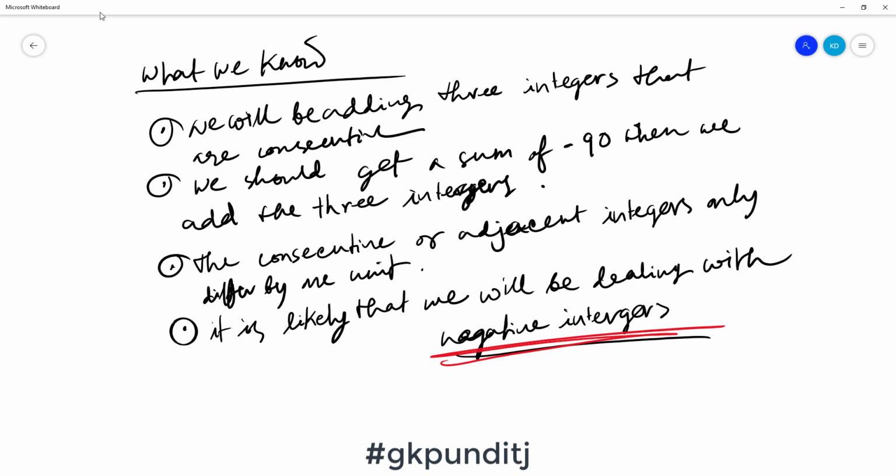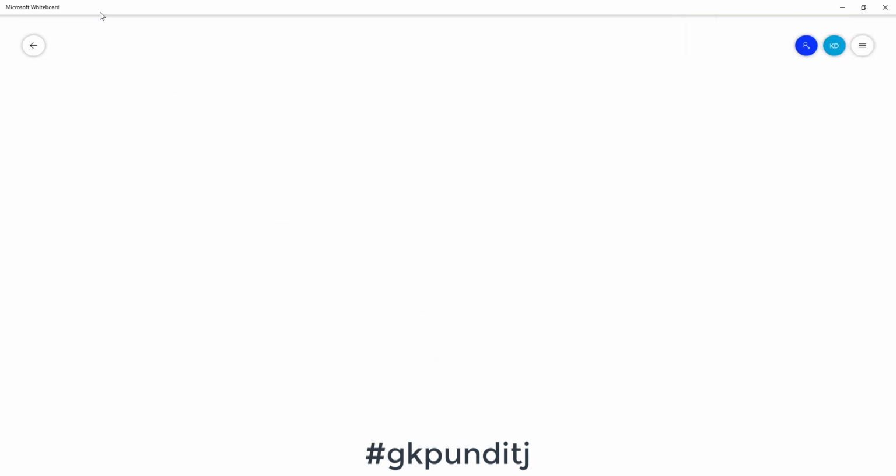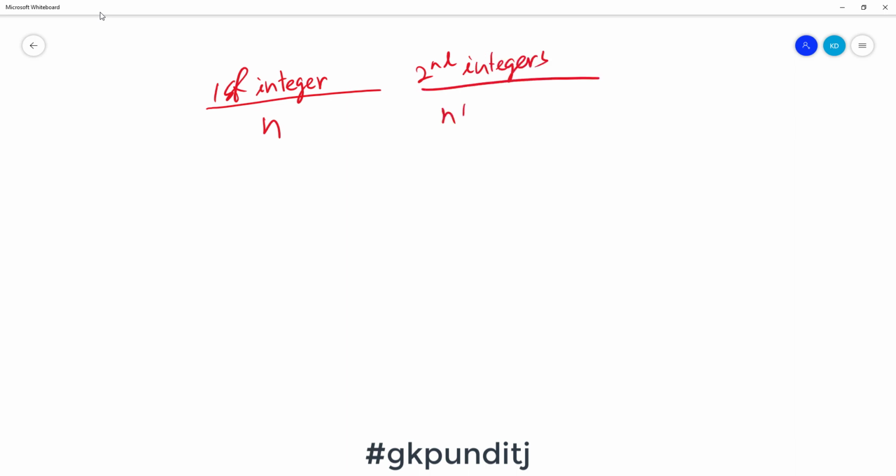So let's start solving this one. The first integer is n, the second integer is n plus 1, and the third integer is n plus 2.